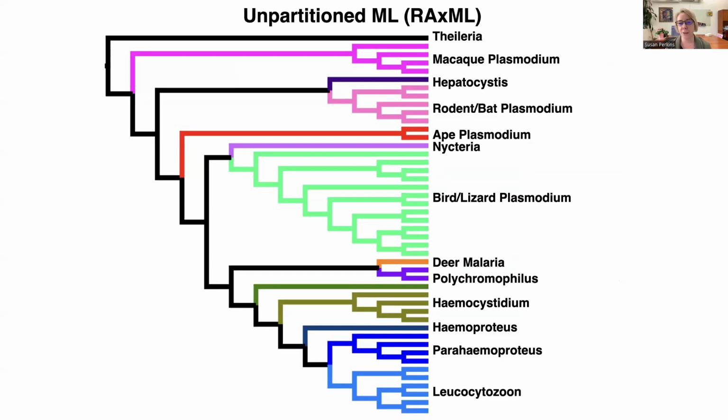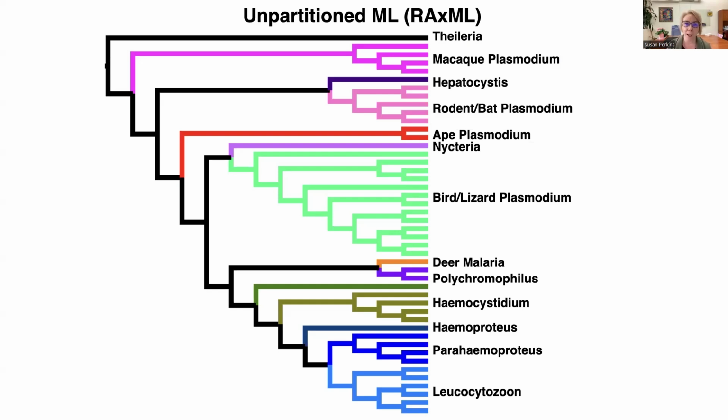And I wanted to throw this in here because this is a systematics group. So when we first analyzed this with unpartitioned methods in maximum likelihood, we got a very strange phylogeny where the avian parasites, which are colored in blue, were looking like they were the more recent ones. And we had never really observed that. It looked like some of these major clades of bird parasites had diverged from these mammal parasites.